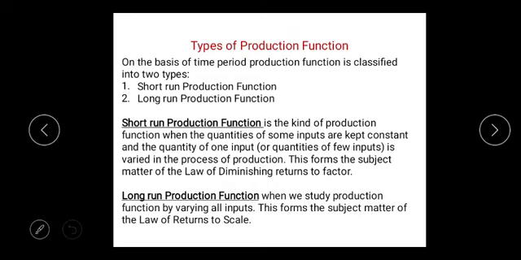Dear students, let us first discuss the short run production function. As we know that in short run some factors are fixed while some factors are variable.